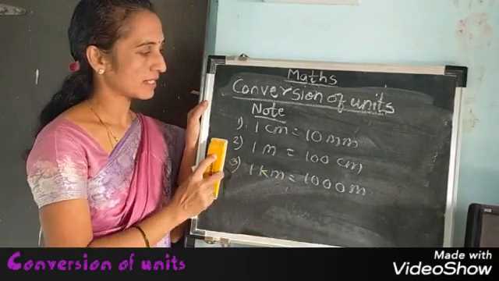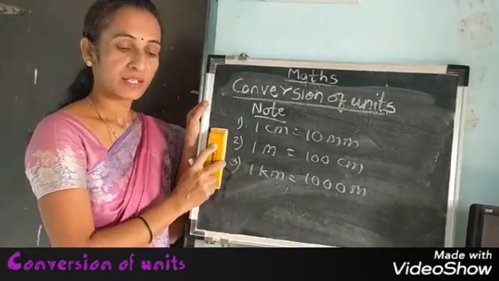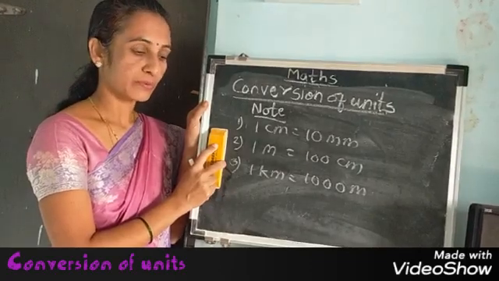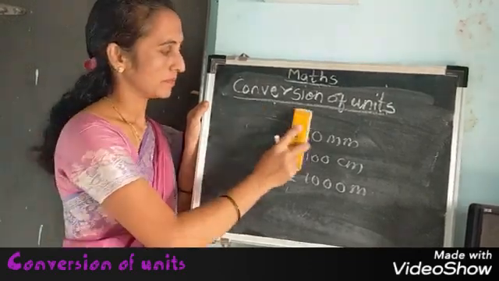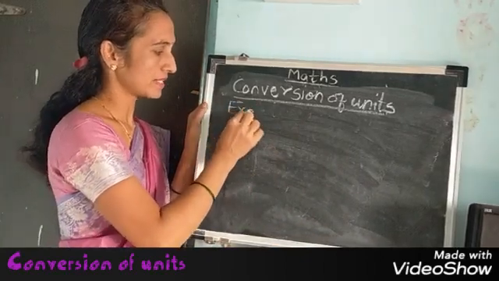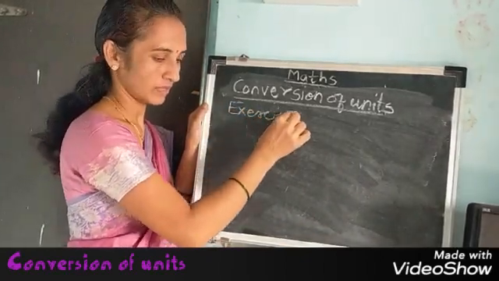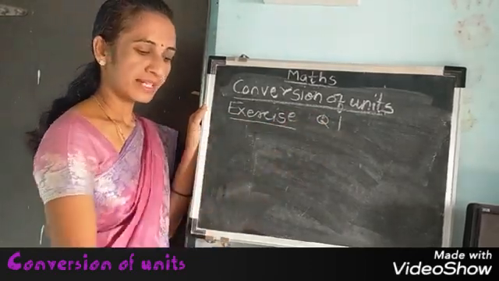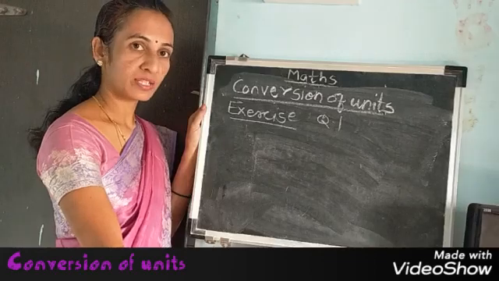So we will see the examples from exercise textbook page number 64. Question number 1. See, in this exercise, question 1, there are 8 examples you have to convert.